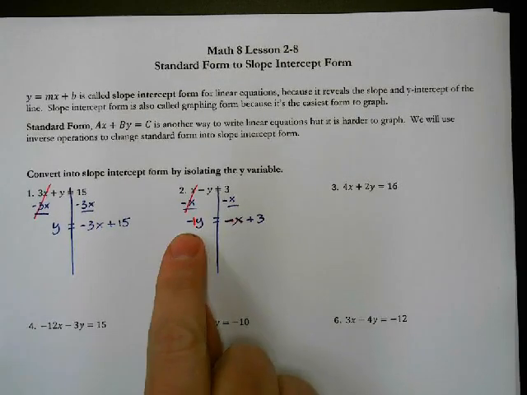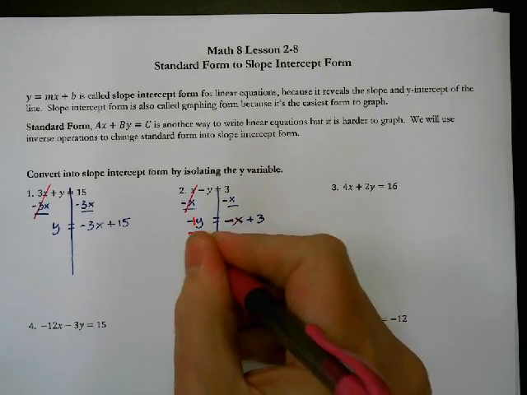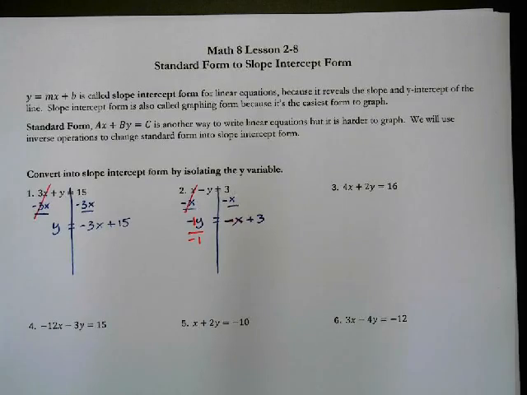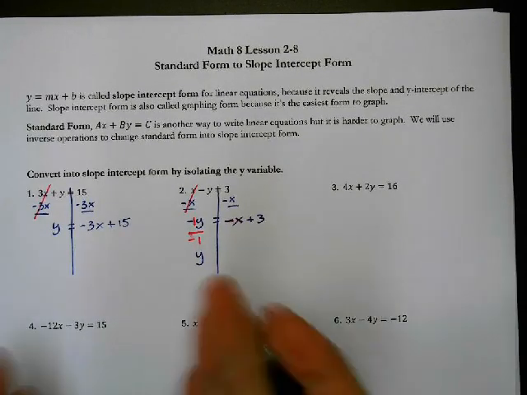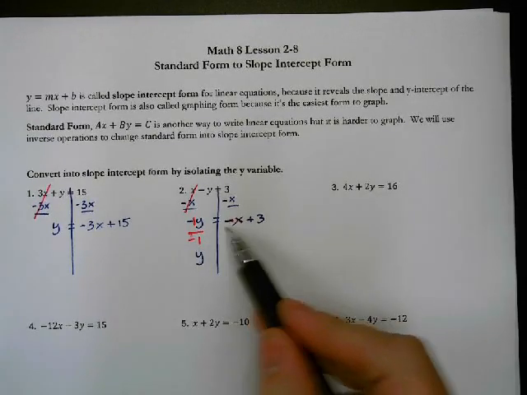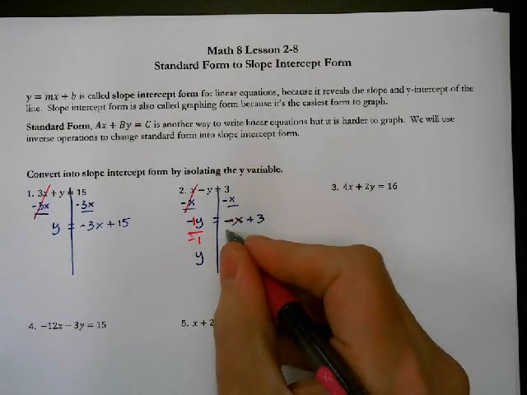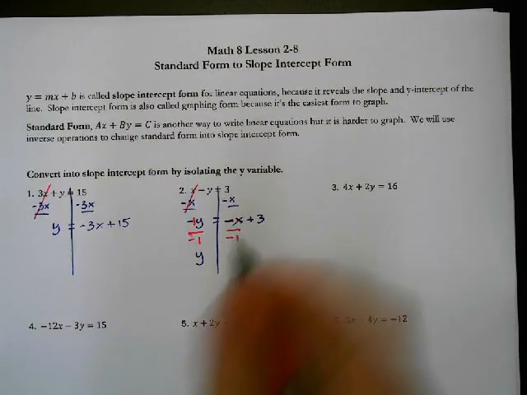Since it's negative 1 times y, I can divide by negative 1 so that I can get the y isolated. So that would give me a y over here. Now the problem becomes, if I divide by negative 1 here, I cannot just simply pick and choose which one gets divided by. I can't just go, oh, I'm just going to divide this one by negative 1.